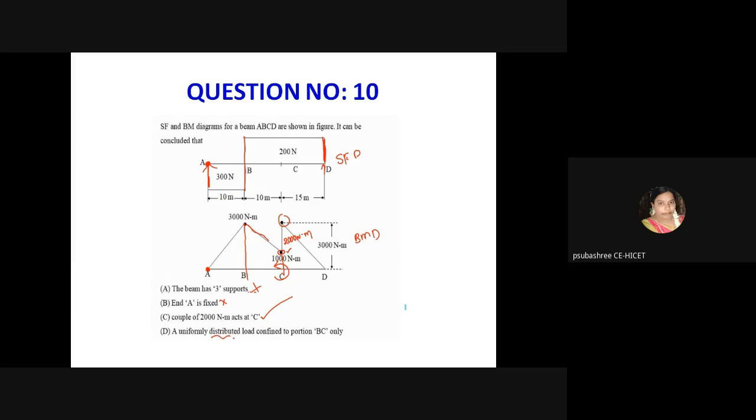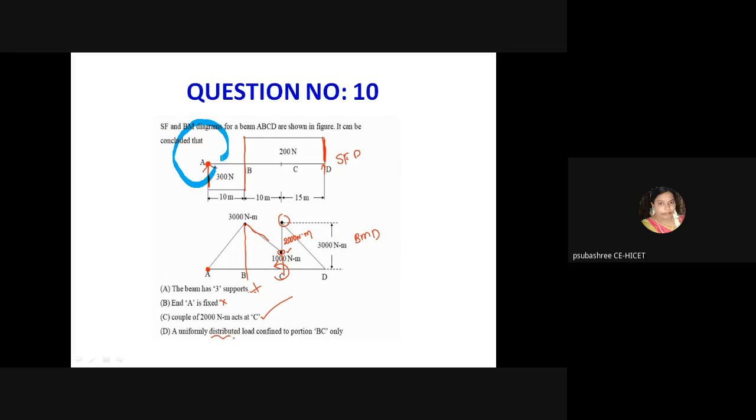So next question. Shear force and bending moment diagrams for a beam ABCD are shown in the figure. What can be concluded? First you refer to the first drawing. At support A, it is a rectangular shape shear force.